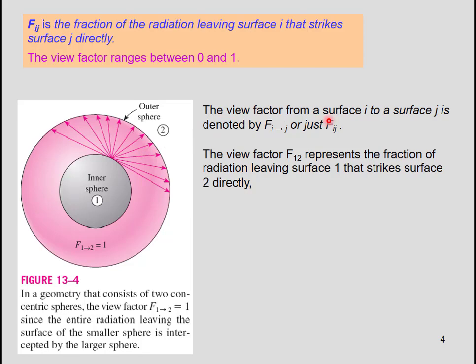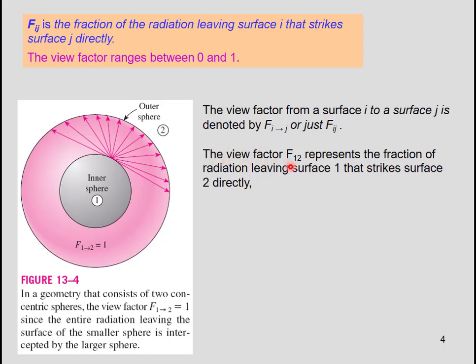So the view factor from surface i to surface j is usually denoted in this form, but we can also write it like this. We can read this as the view factor from surface i to surface j.